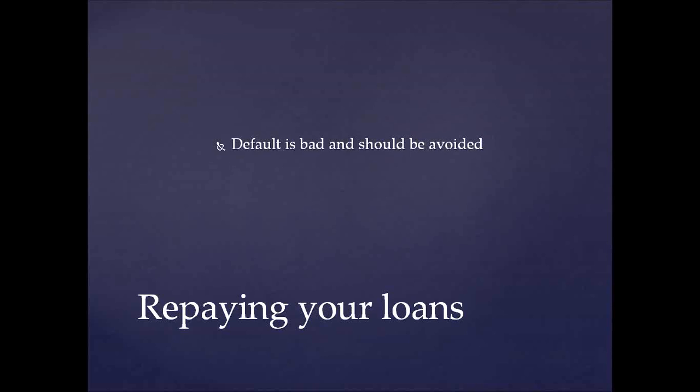Your employer can, at the request of the government, garnish, withhold, your pay and send it to the lenders instead of giving it to you as payment in order to repay your federal student loans. This is sort of determined by the government and collection agencies and so on and so forth.